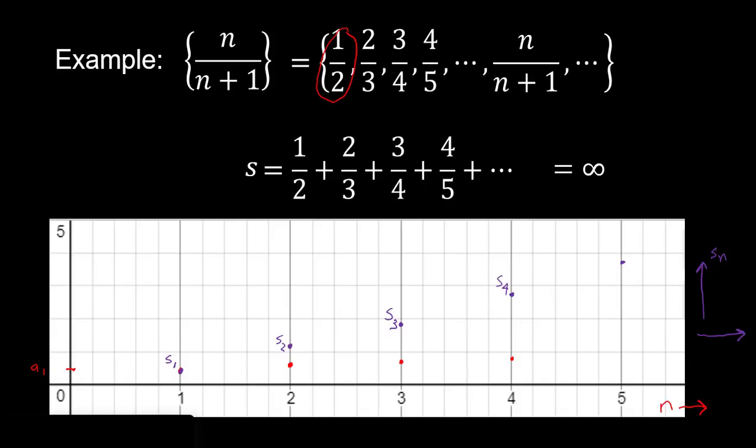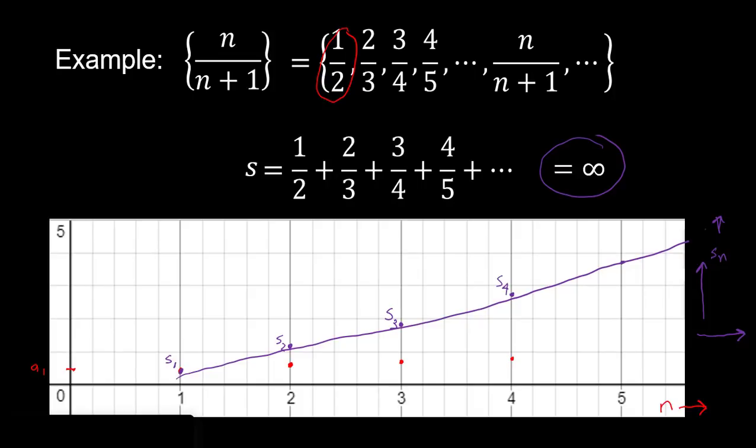This line here is basically going to keep going up. The further we go in n, the further it's going to be. It's going to increase without bound, and therefore we can say that this series value is going to be infinite. It's going to diverge. So this is maybe a graphical way, if it helps you understand why, if we keep adding 1 to this, it's going to get bigger and bigger.